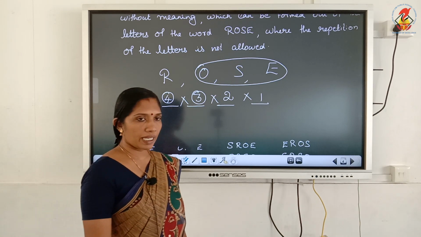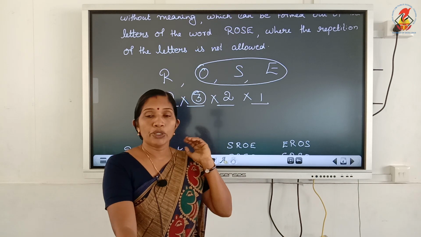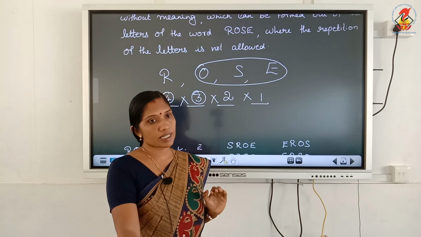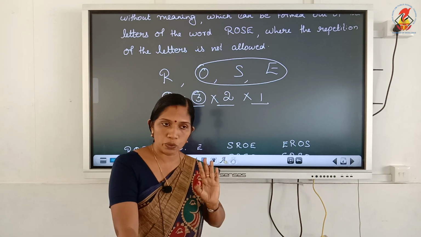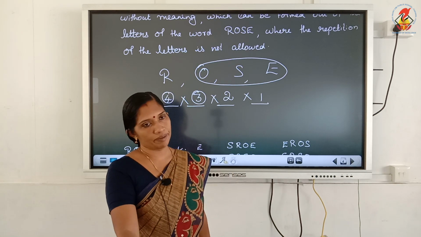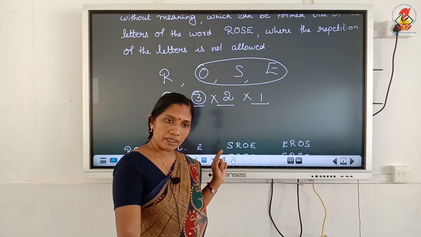Once again, we have 4 letters, R, O, S, E. Using these 4 letters, how many words can we form? Repetition is not allowed, that is the condition given in the question. So 4 places are there.